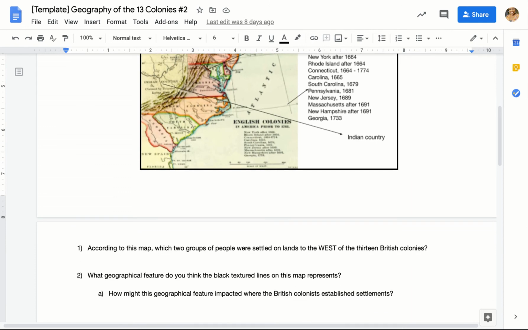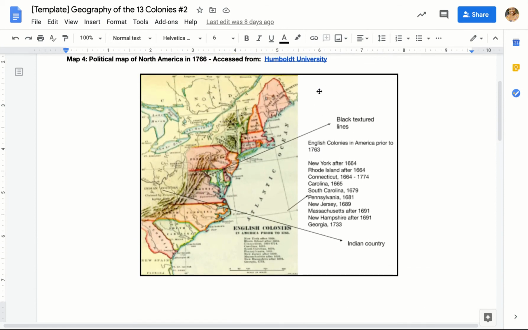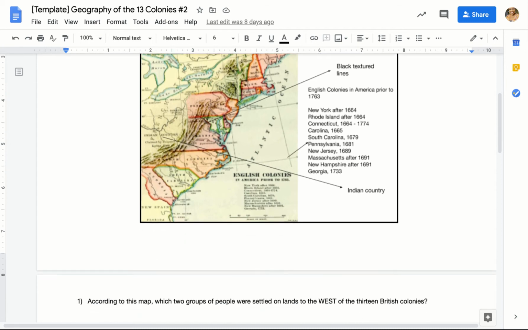The second question, number 2, is asking what geographical feature do you think the black textured lines on the map represent? So perhaps it is some type of landform. That's perhaps what it represents.